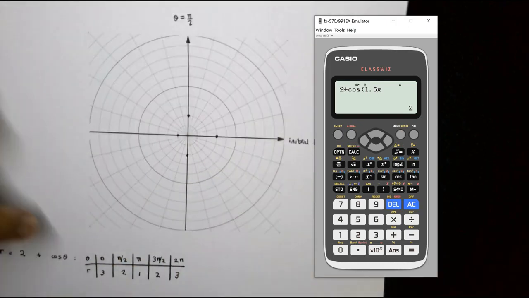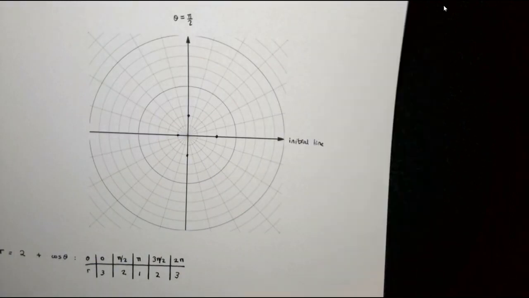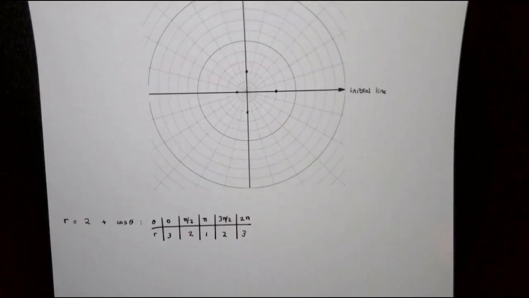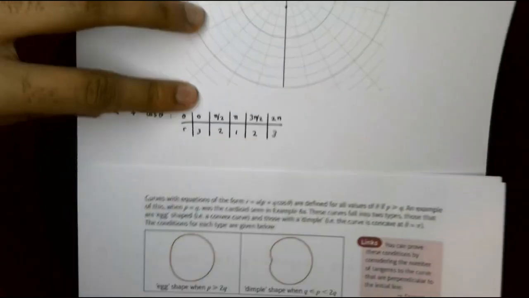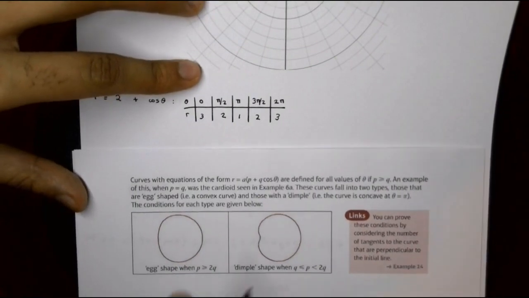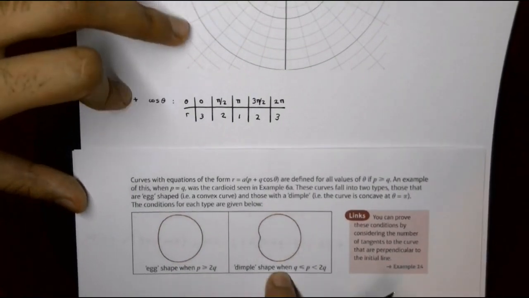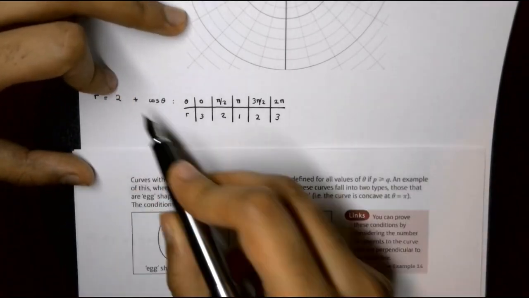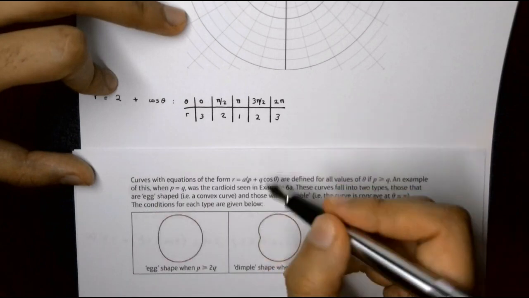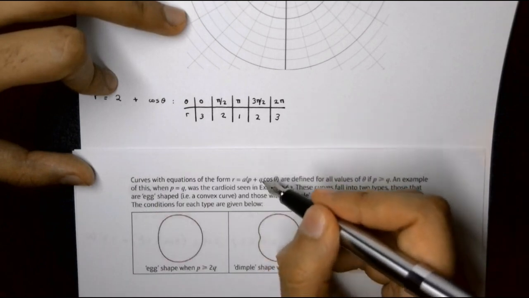Okay? And now the next question is, is this a dimple or is it an egg shape? Just as a reminder of what we said earlier in a previous video, we've got an egg shape when we've got this condition and a dimple shape when we've got this condition. So first of all, here you can see P is equal to 2 and Q is equal to 1.